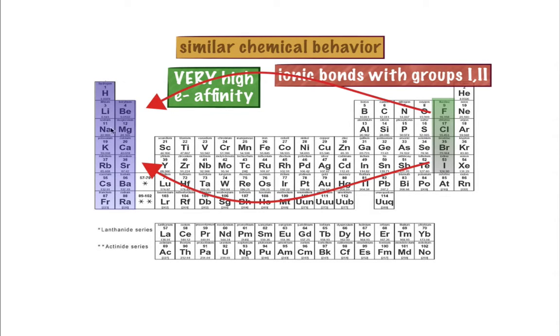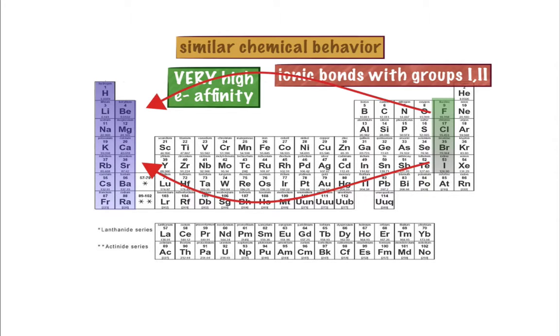So these elements in these groups tend to give those electrons away. It's a lot easier for them to give the electron away than it is for them to gain the 6 or 7 that they need. And the halogens on the other side are more than happy to take that electron away from these alkali metals and alkaline earth metals.